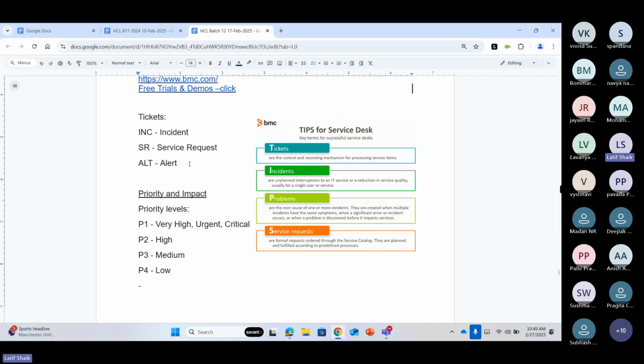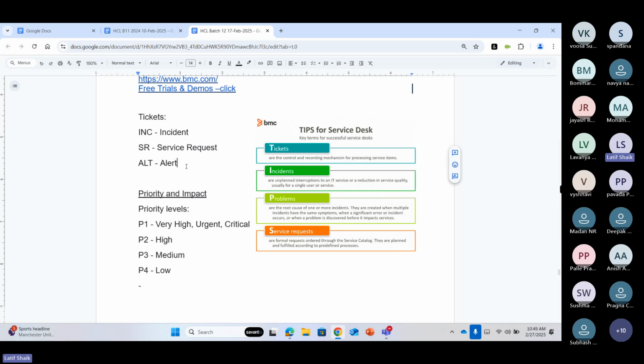And these tickets will be resolved based on priority order. We take first come, first served, or sometimes we go by priorities. We give first priority based on the impact on the customer and the impact from the business point of view.